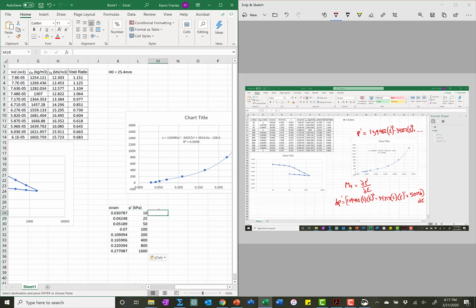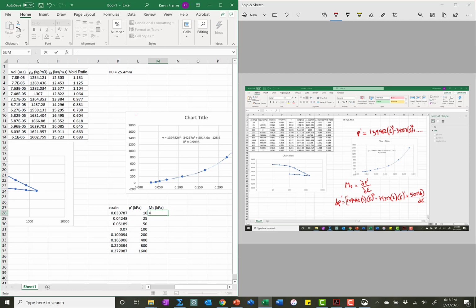Okay, now let's write my function for m sub t. And by the way, that's in units of kPa as well, just in case you're wondering.